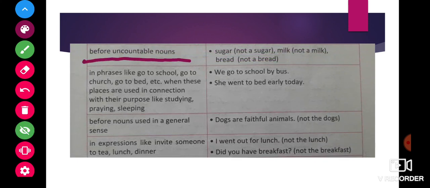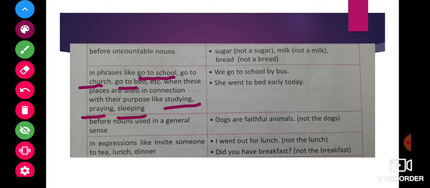Before uncountable nouns. We cannot use articles before uncountable nouns. For example, a sugar will be wrong, a milk will be wrong, a bread will be wrong. In phrases like go to school, go to church, go to bed, etc., when these places are used in connection with their purpose, like studying, praying, sleeping, we do not use articles.